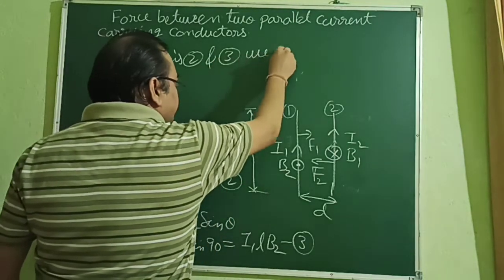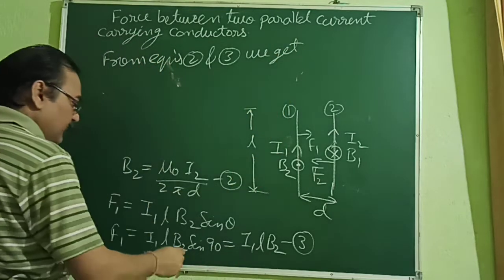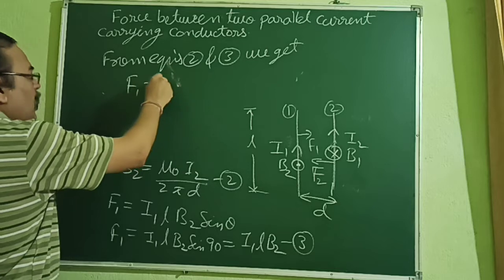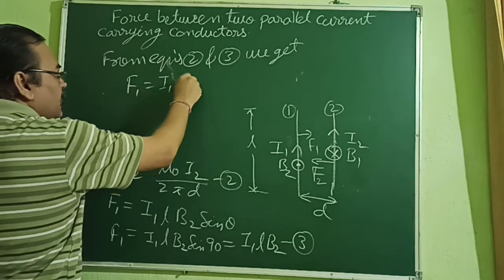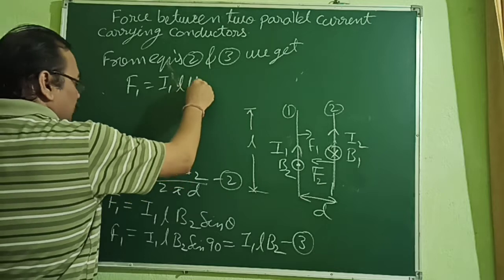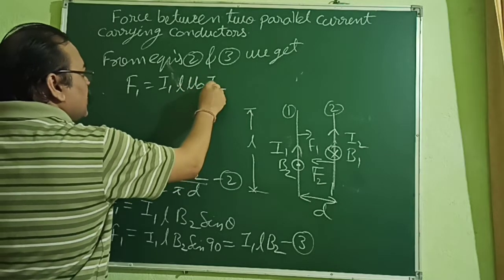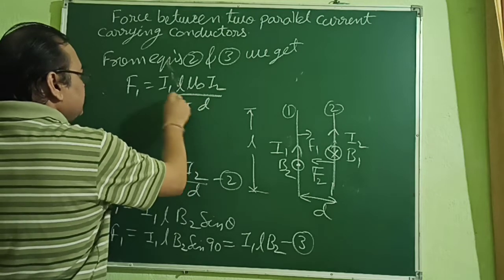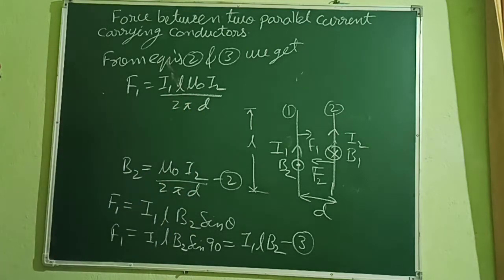We have to put here the value of B2. So we can write F1 is equal to I1 L B2. B2 we have to take the value from here, that is mu naught I2 upon 2 pi d. That's what we get, the expression for force F1, which is acting on conductor 1.